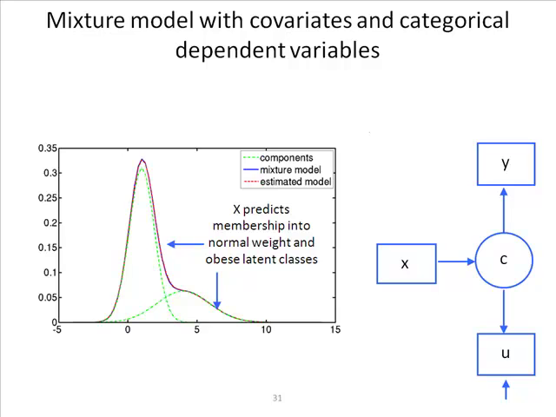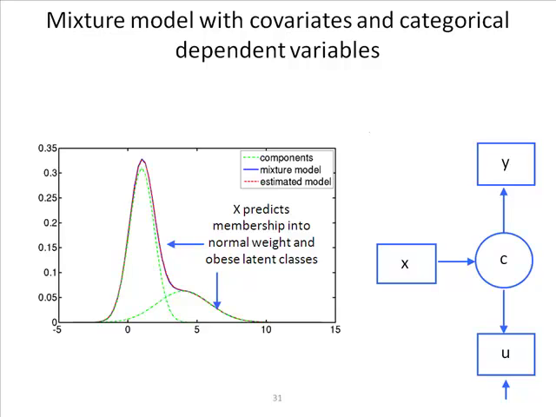Similarly, in a latent class analysis, not only can I estimate another kind of dependent variable, but I can also estimate what predicts membership into these latent classes. Very often, I'm not just interested in other things that are predicted by my latent classes, but I want to know who gets put into the unobserved category of obese or not obese, or what predicts membership of the depressed or not depressed class.